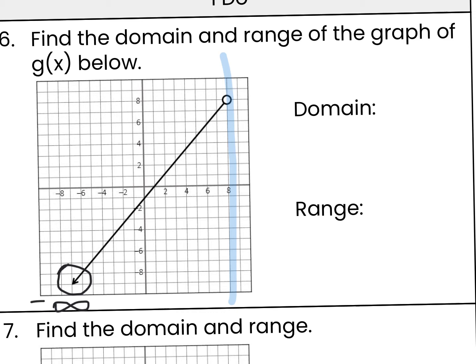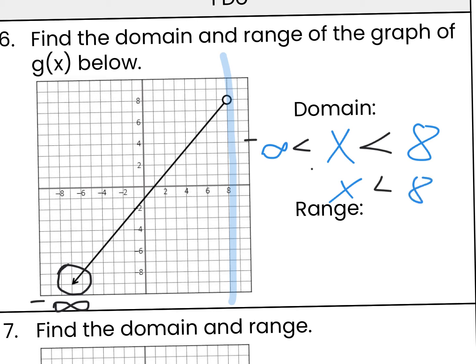So x is less than 8, but greater than negative infinity. So another way of writing this will just be x is less than 8.